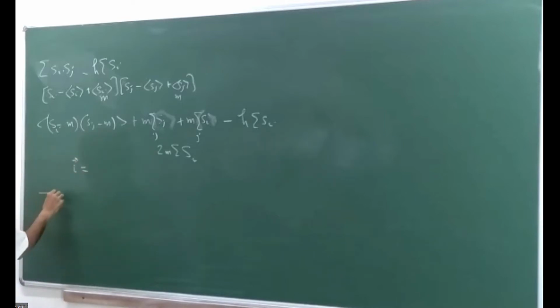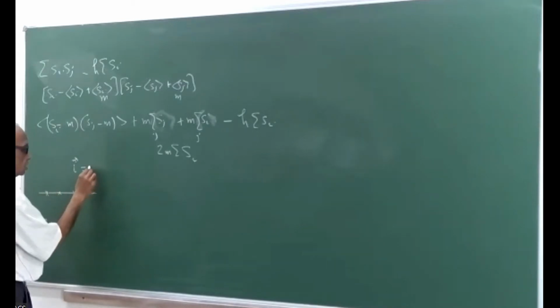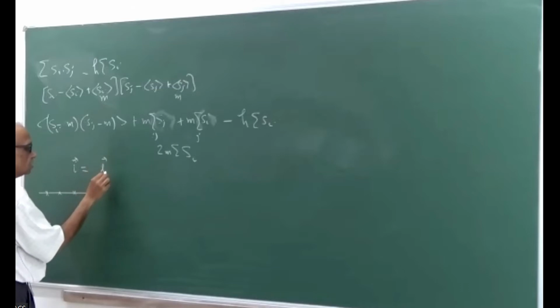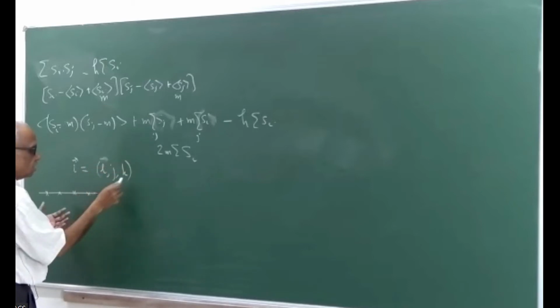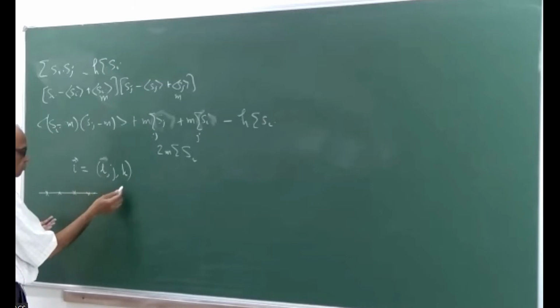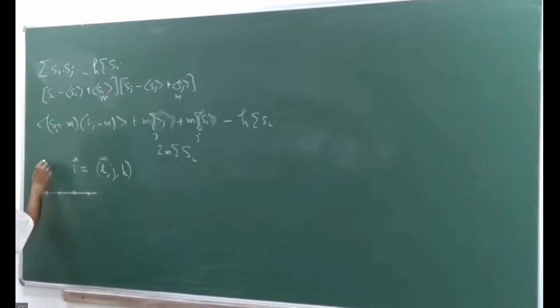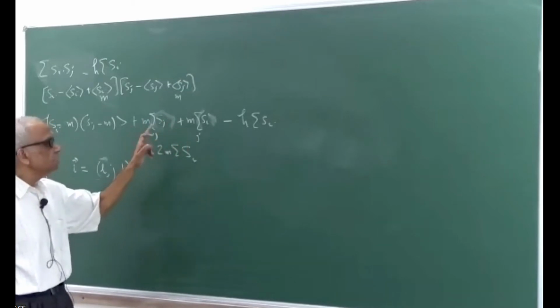There is the case of one on a line, when i is just a number, but in general i is a vector with 2 or 3 components. So that means this 2 is simply adding this and this.